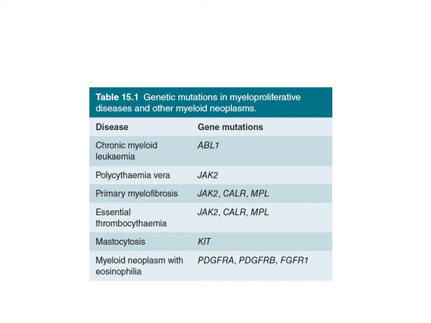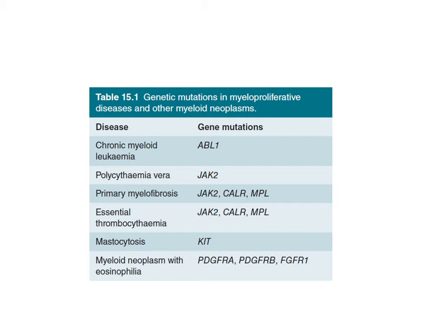Genetic mutations in myeloproliferative disease and other myeloid neoplasms. What is the genetic mutation in chronic myeloid leukemia? ABL1. Polycythemia vera, JAK2. Primary myelofibrosis may be JAK2 or CALR, maybe MPL. Similarly, essential thrombocythemia: JAK2, CALR, MPL.